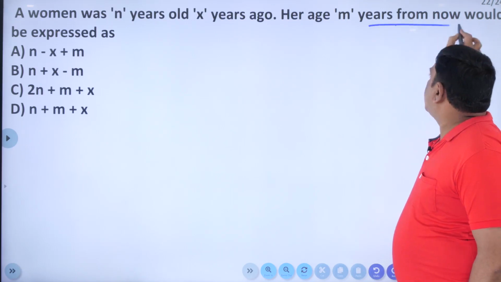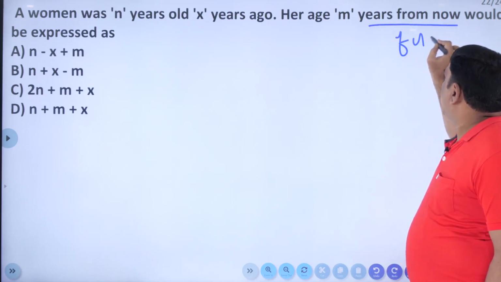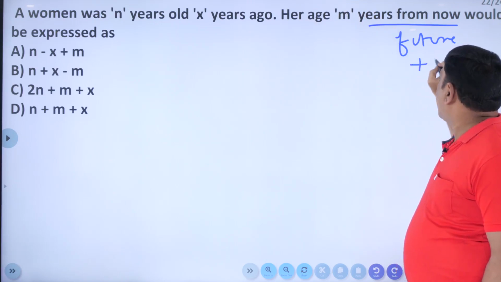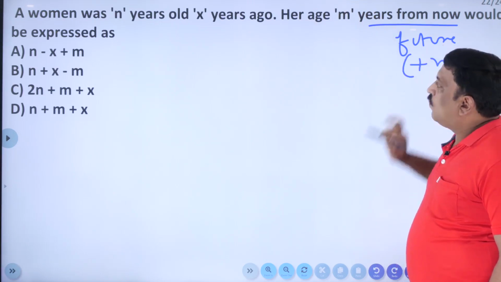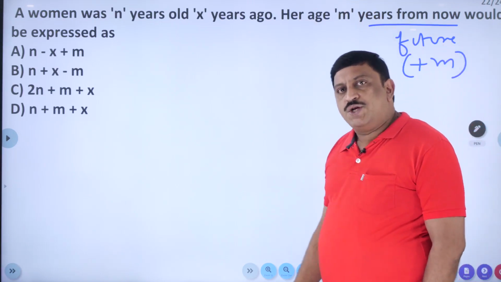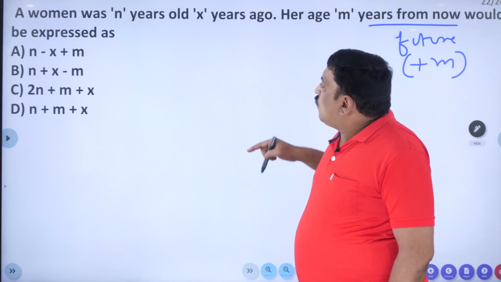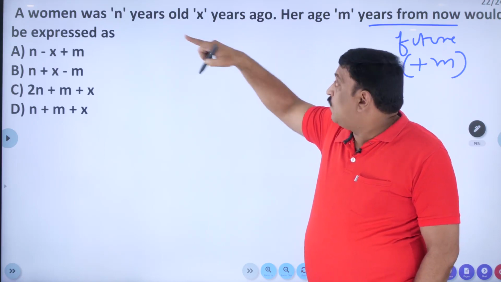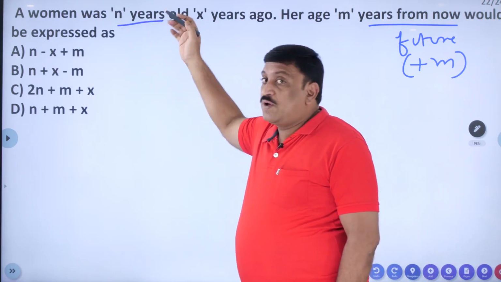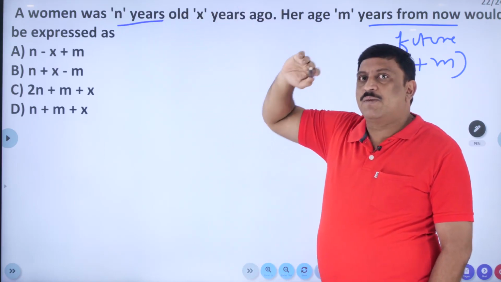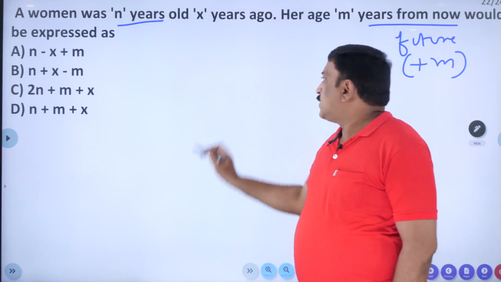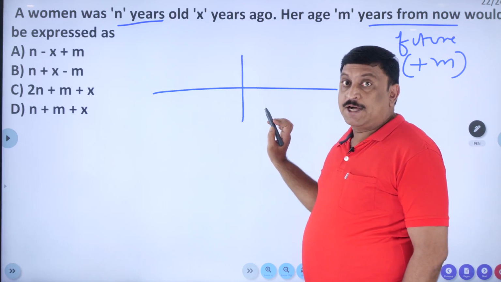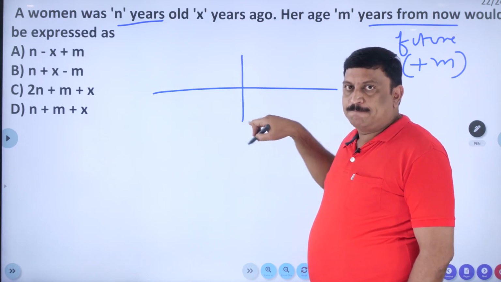From now means it is in the future, that is, after m years. How old will she be? A woman was n years old x years ago. Suppose I take the timeline, just like a Google timeline.